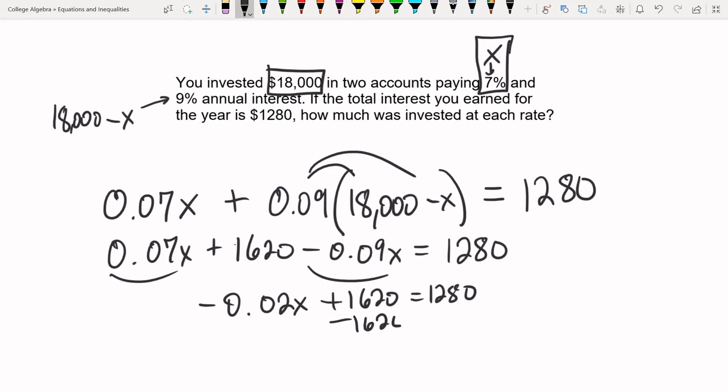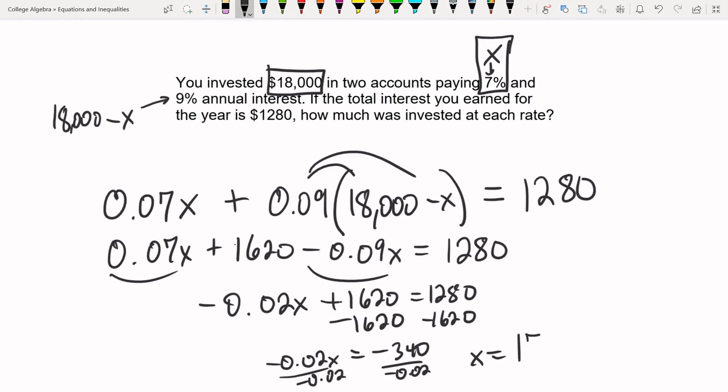And I can subtract 1620. $16.20 gives us negative 340. We, of course, divide by negative 0.02 on both sides. And that gives us $17,000, it looks like.